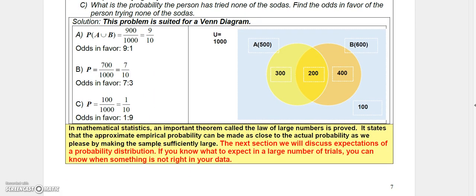Now I'm going to end this with just a note about the law of large numbers. Basically, in mathematics, the law of large numbers states that the approximate empirical probability can be made as close to the actual probability as we please by making the sample sufficiently large.